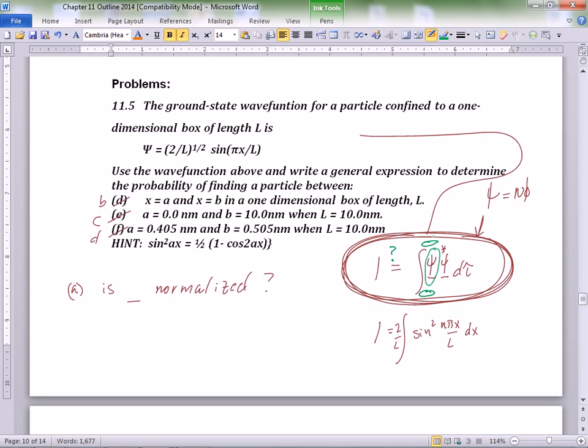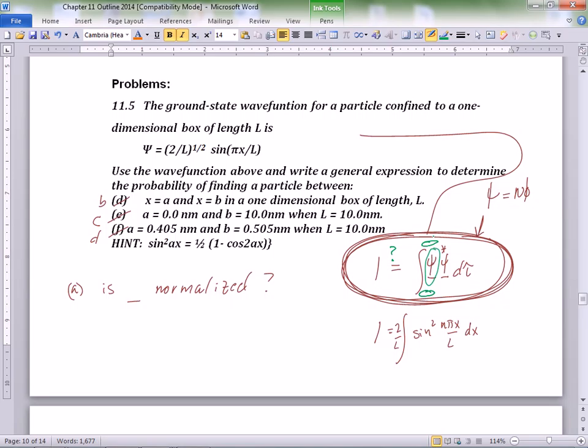The limits. Oh, it should be a and b for part B, yeah. But I'm talking about, is this guy normalized? So whenever we substituted into this normalization expression, what did we put in here for limits? 0 to L.